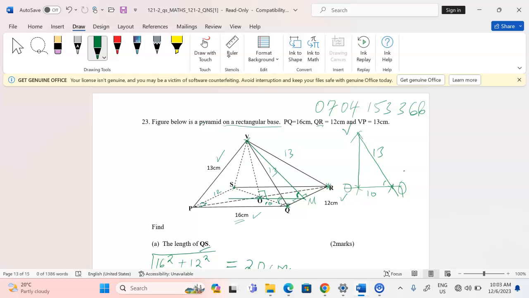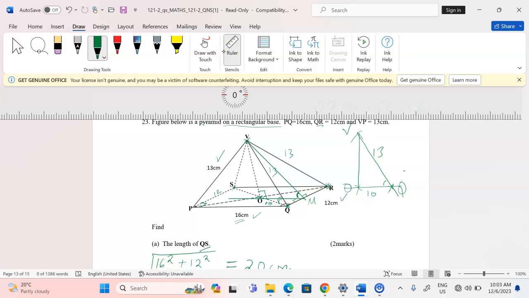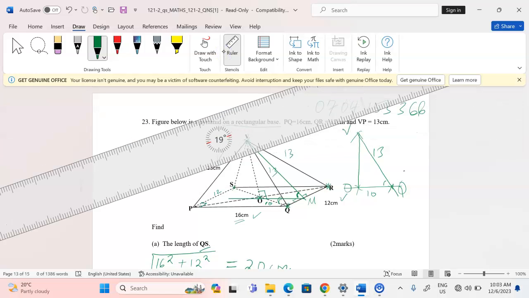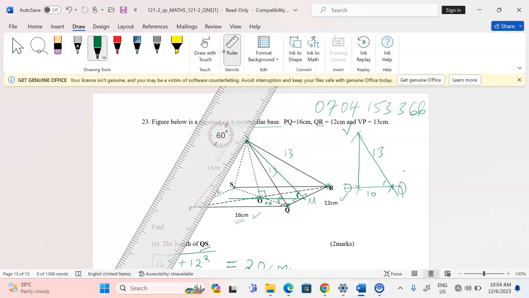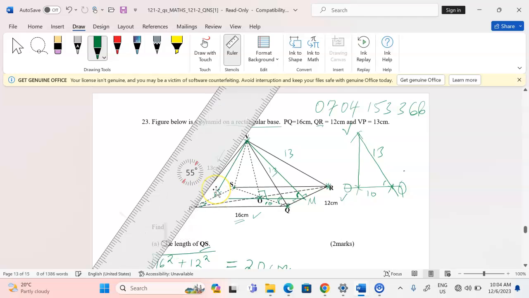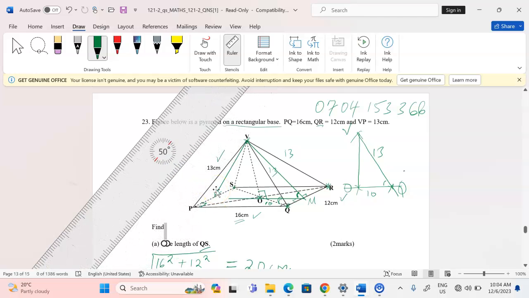Let me show you what's happening. They are meeting at the vertex up there. Therefore, we make a line from the vertex to the base of the other angle.